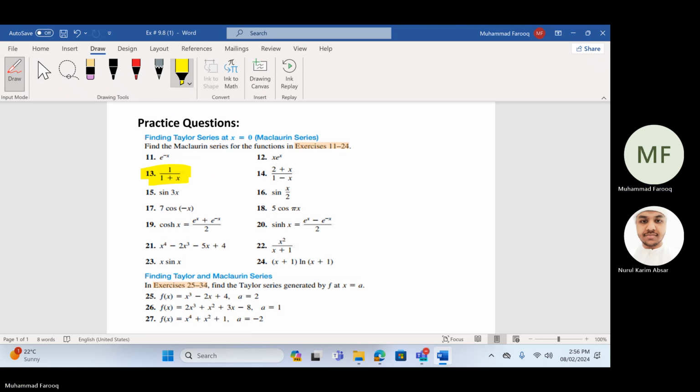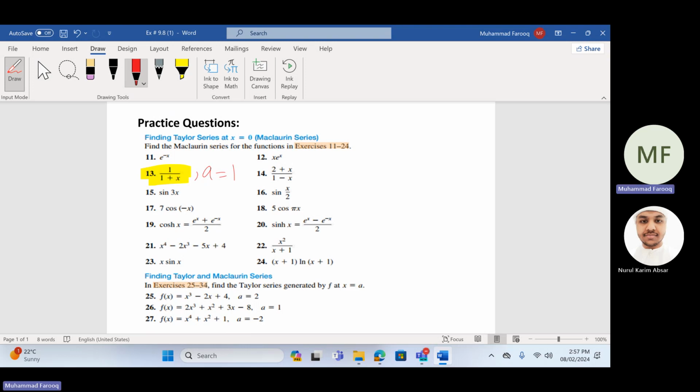Make it about a equal to 1. Order 3, for example.